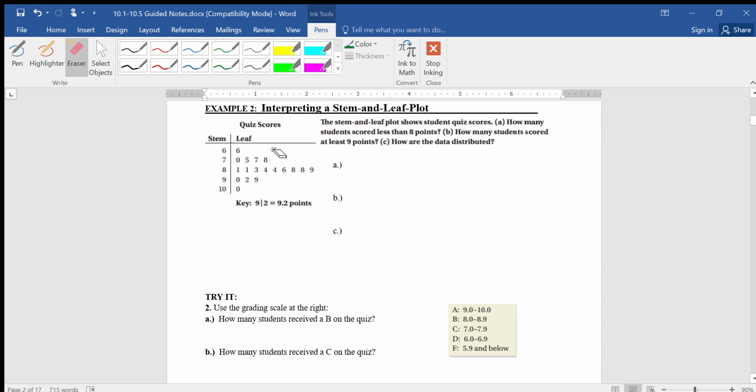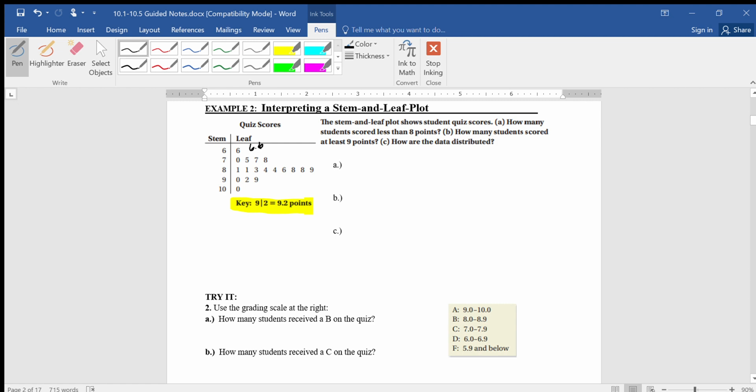But what does the stem and leaf plot mean? That's why we look towards the key. The key shows that when we have 9|2, that equals 9.2. So this stem and leaf plot is showing us decimals. Decimals, okay. So that's good to know. So like the 6|6 up here is like 6.6.